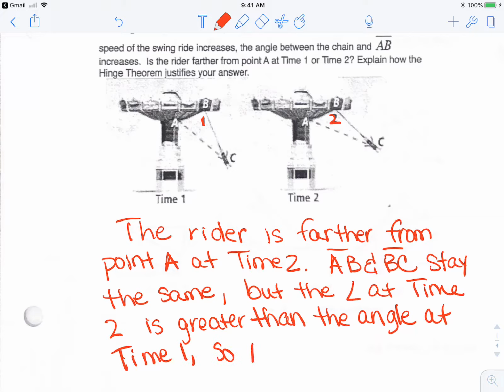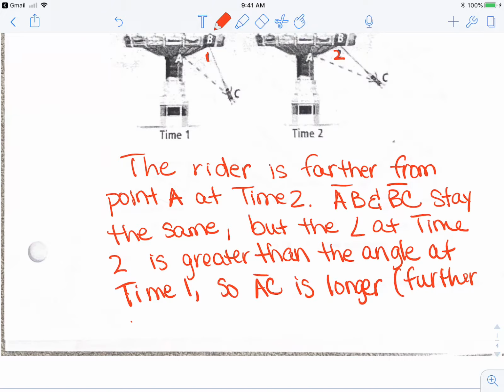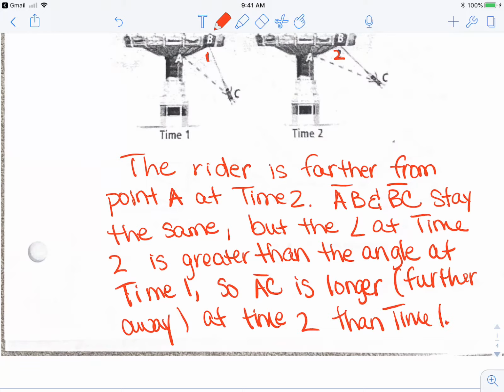So AC is longer, or further away, at time 2 than time 1. That's a nice little problem there.